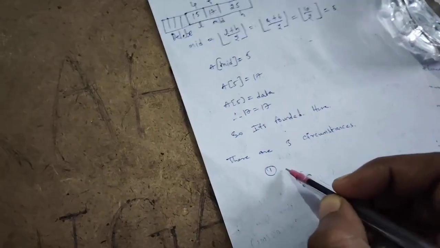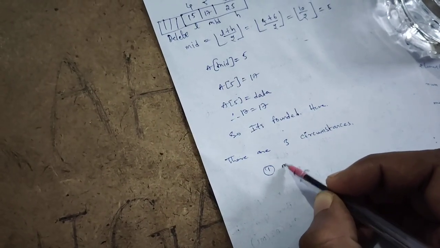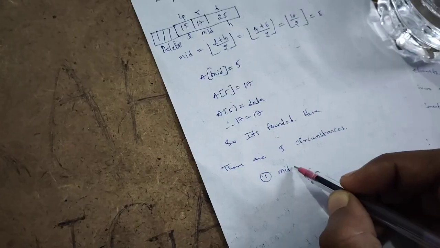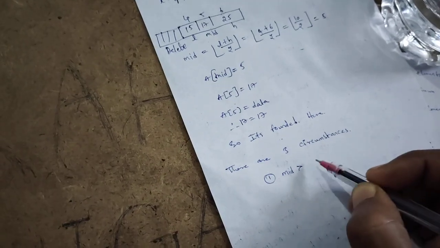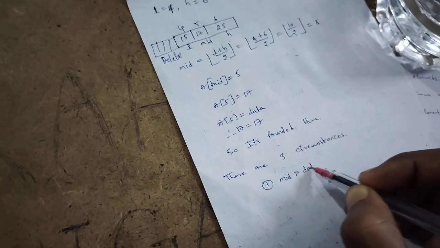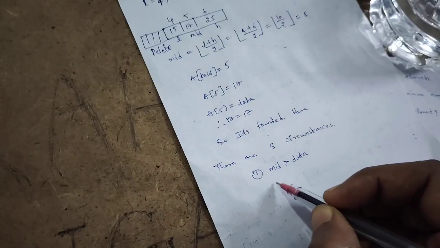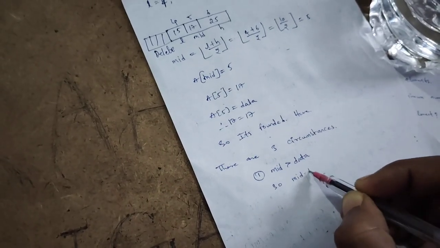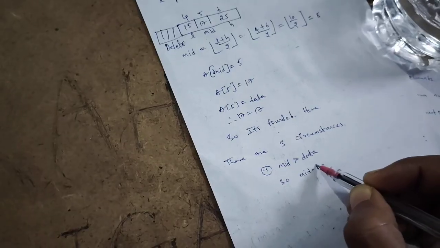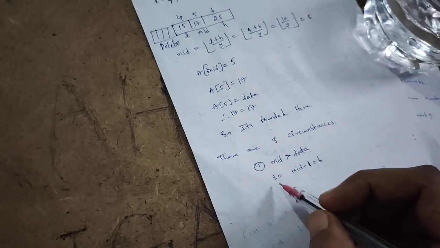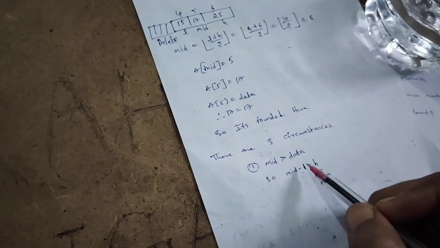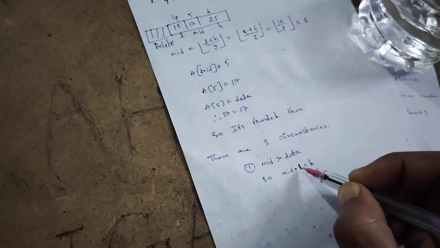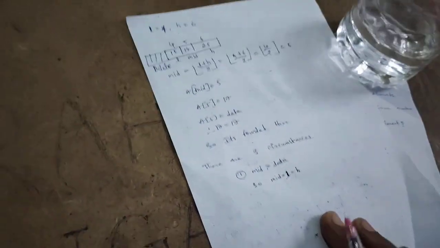The first one: mid value greater than data, so mid minus 1 equals H. I will show how it works.